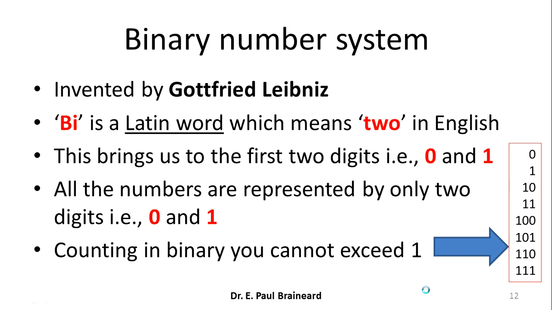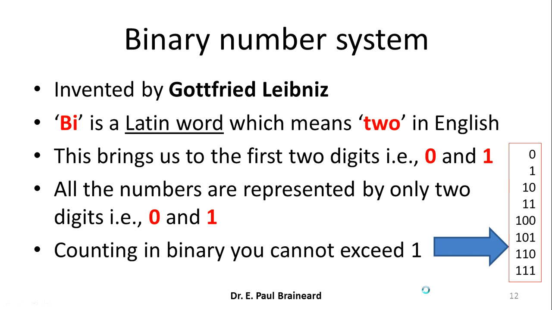All the other numbers are represented by only these 2 digits, 0 and 1. For example, in the decimal number system, you have numbers starting from 0, 1, 2, 3, 4, 5, 6, 7, 8, 9. After 9, you have 1 coming back, 1, then 0, it is 10.